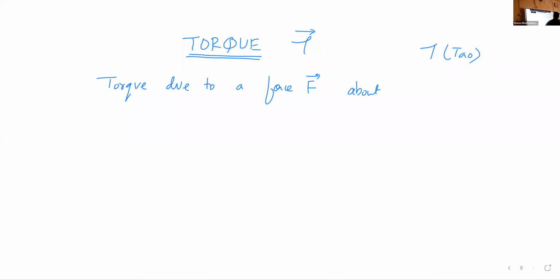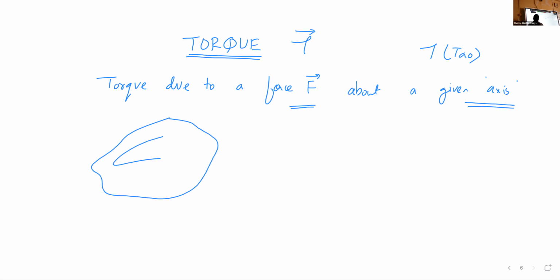So torque due to a particular force F about a given axis is defined as follows. If this is our axis, you have to understand that our axis is actually like a line coming out of the plane. And the particular force we're talking about is this one.